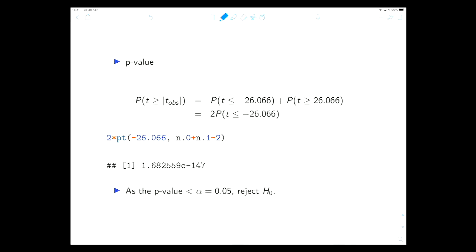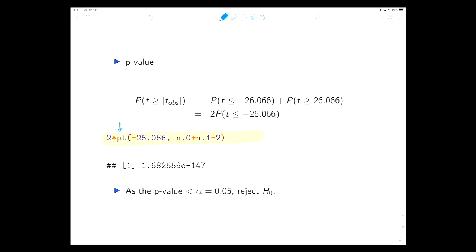Alternatively, you can just evaluate the p-value directly, again using R. The appropriate function for the t distribution is pt. The t represents the t distribution, and the p stands for probabilities of the t distribution.